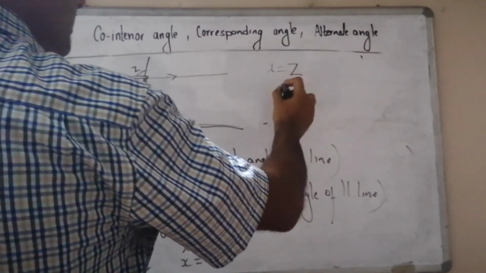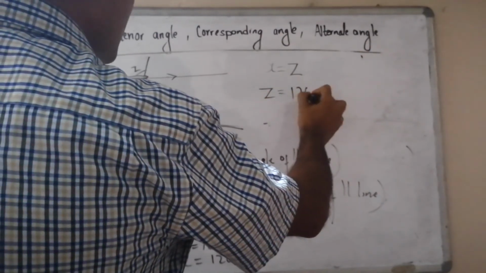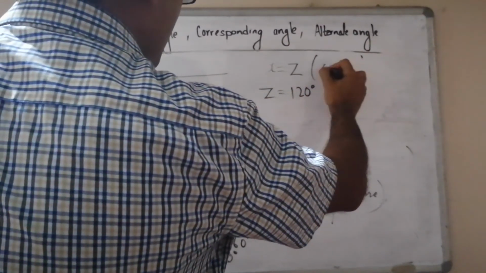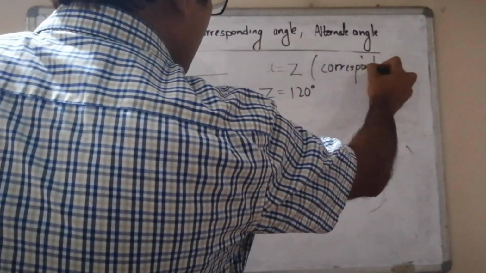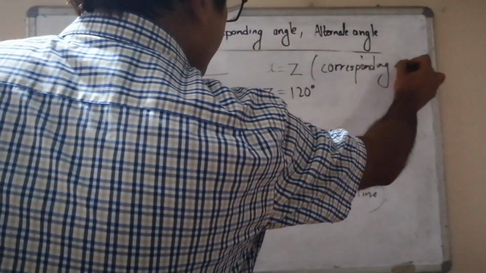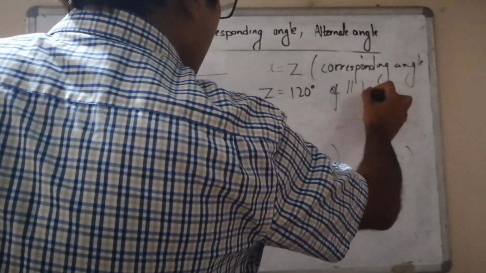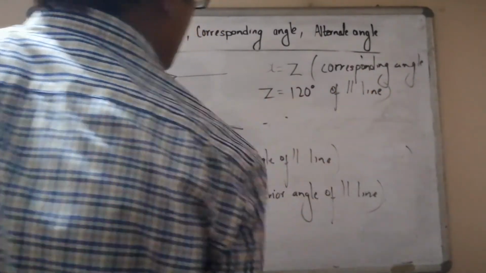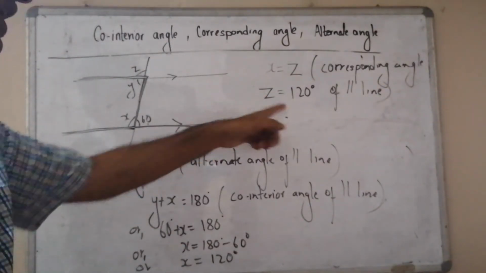The value of x is 120 degree. Then z is also 120 degree. It's because of corresponding angle of parallel line. So that's it. You find the value of x, y, and z.